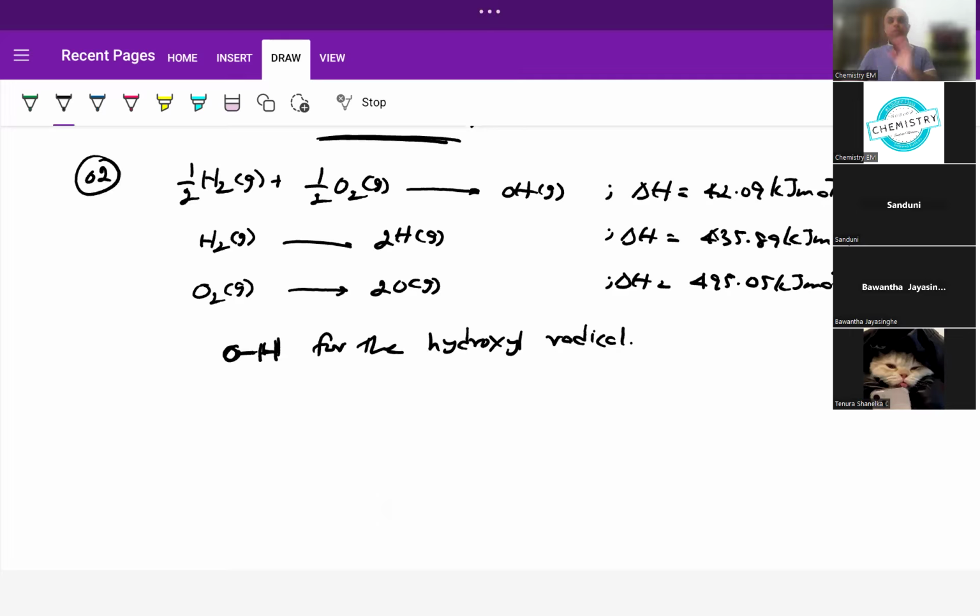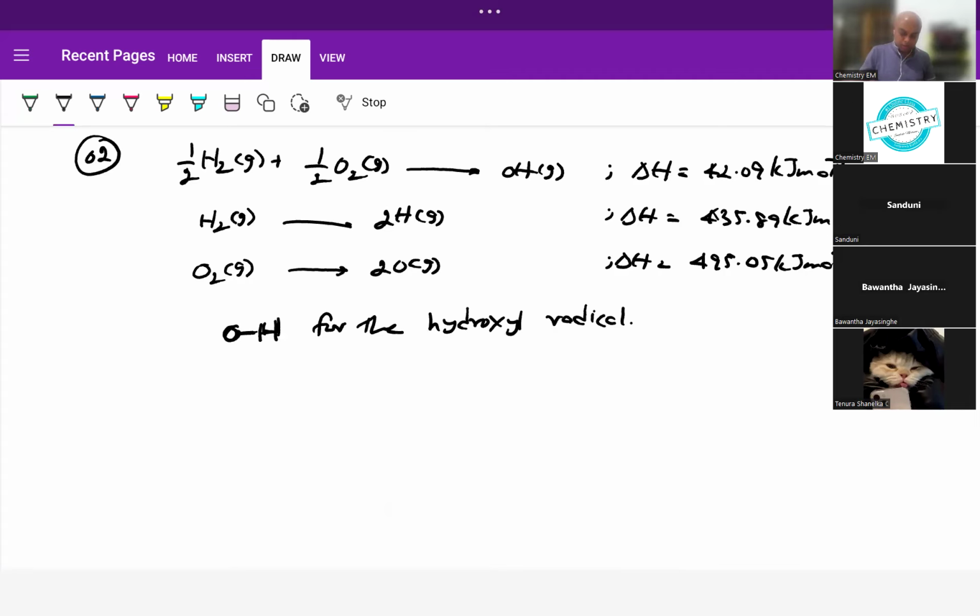Now, when you are drawing a Hess cycle, select the longest equation with the highest number of atoms and highest number of components, right? So select that one first and write it horizontally. For this one, this is the equation which has the highest number of components, and everything is contained within this equation.